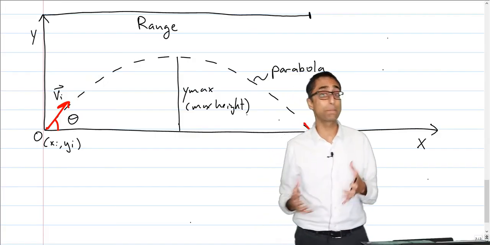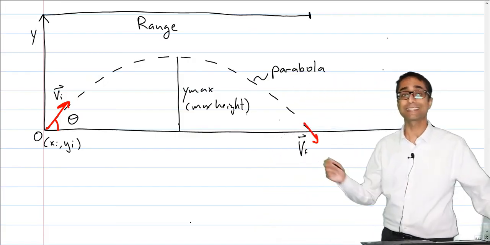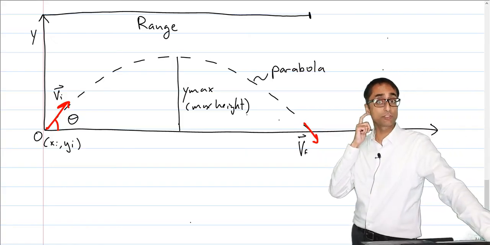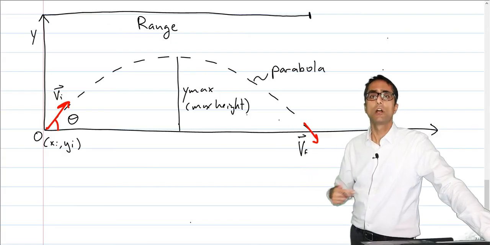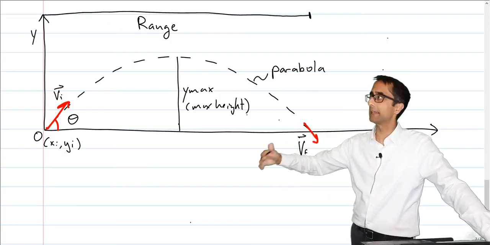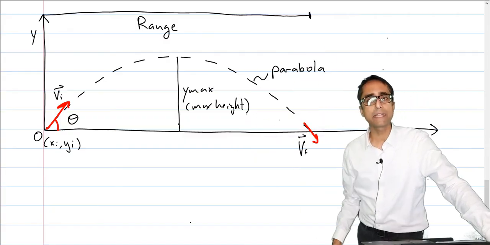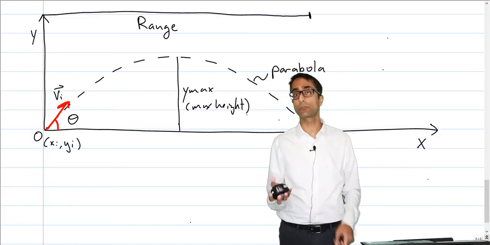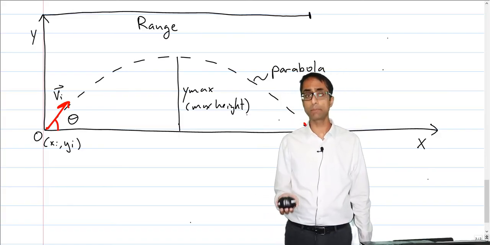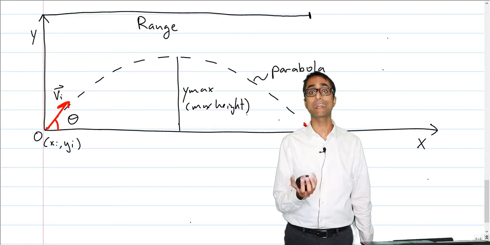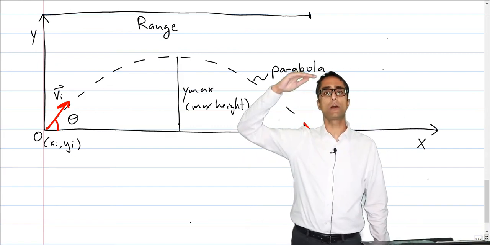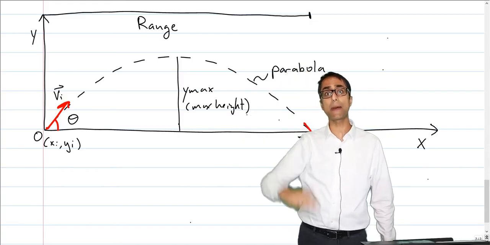It is, in fact, magnitude-wise, as we'll find out, exactly the same as the initial velocity. They will have the same speed since we're at the same height. The x component doesn't change. The y component changes significantly. It goes up and it comes back down again. And we're used to projectiles that go up and down. If I throw something straight up in the air at 1 meter per second and I catch it at the same height, well, gravity has slowed it down to 0 and then sped it back up to 1.